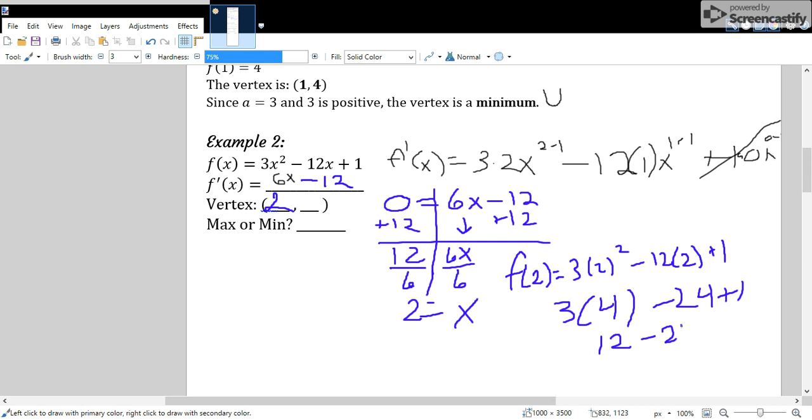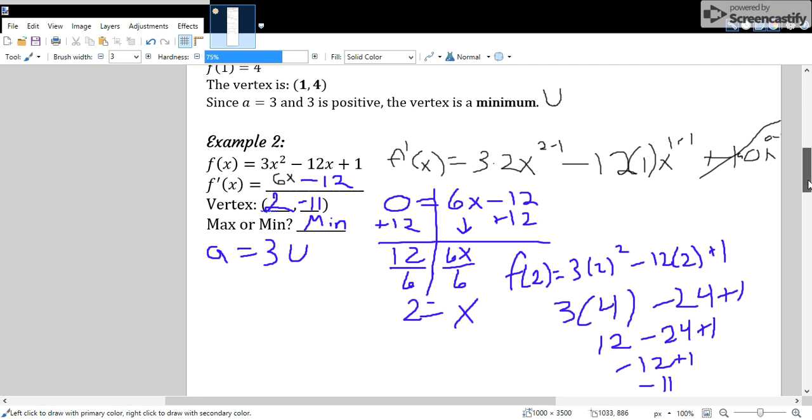So 12 minus 24 plus 1. It's negative 12 plus 1. That equals negative 11. So our vertex is (2, negative 11). A equals 3, and 3 is positive, so it's a minimum. If a was negative, it would be a maximum.